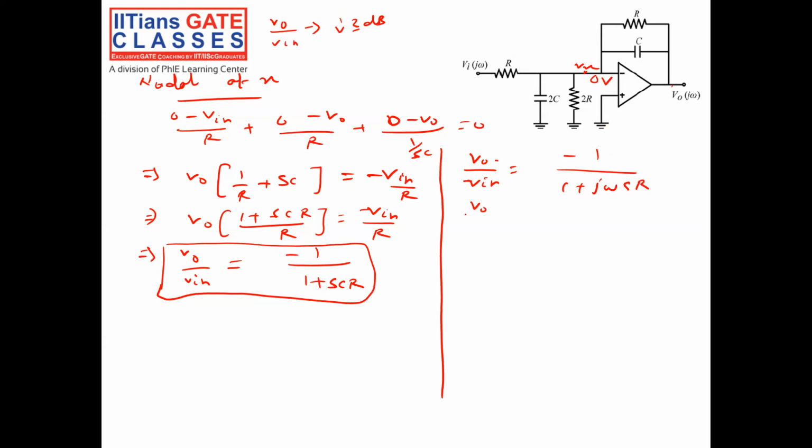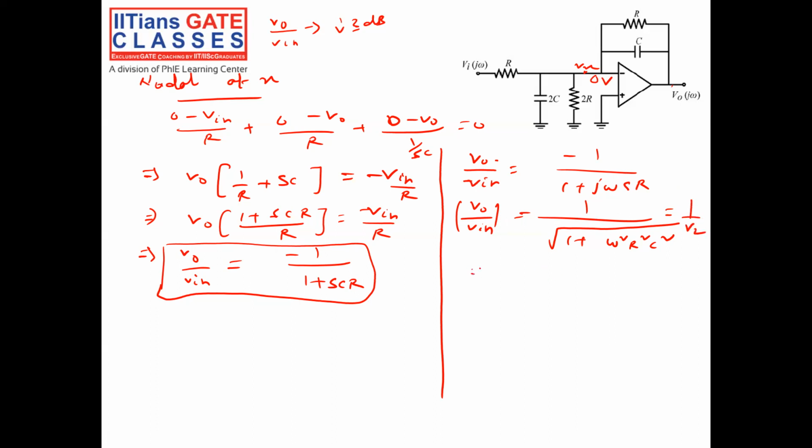If I calculate the V0 by Vin magnitude, it is equal to 1 by the square root of 1 plus omega square R square C square, right? A square plus B square under the root. So at what frequency will this drop by 3 dB? That means it will become 1 by root 2 times, right?